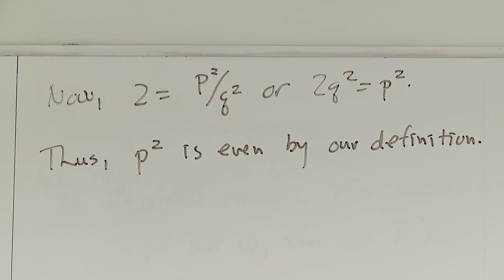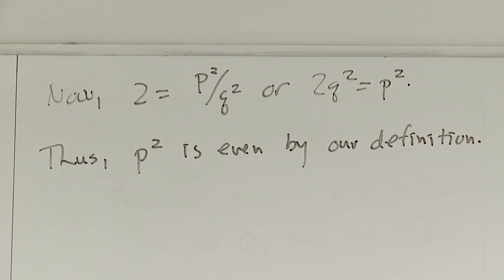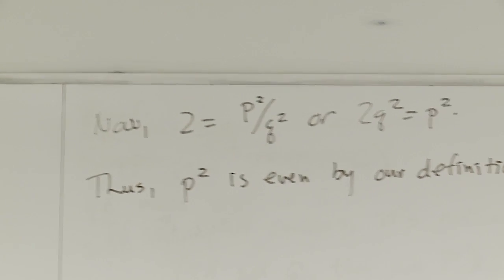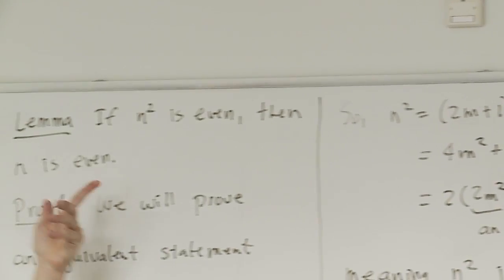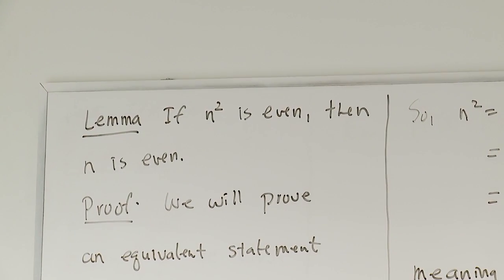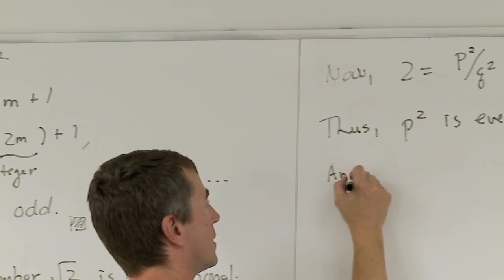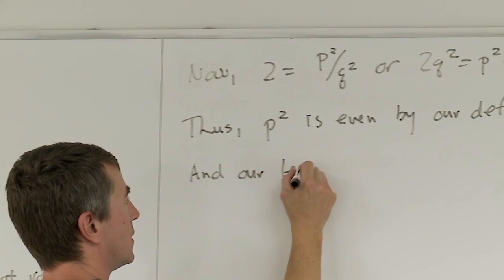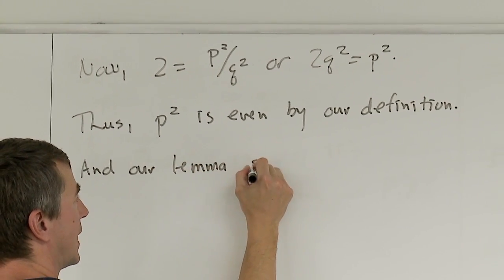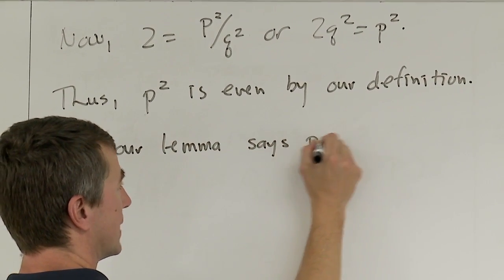But I think we have a lemma about p squared being even, right? The lemma says that if a number's square is even, then p itself must have been what? Even. And then our lemma says p is also even.